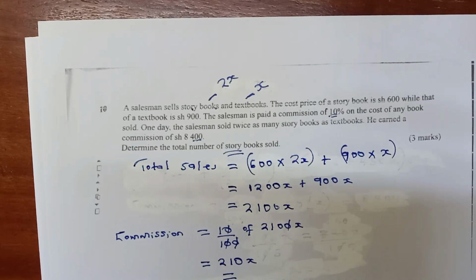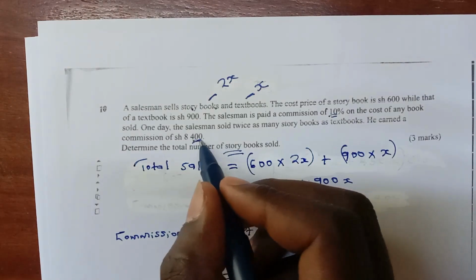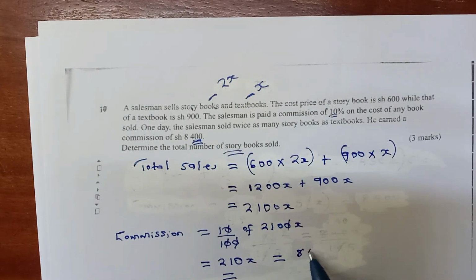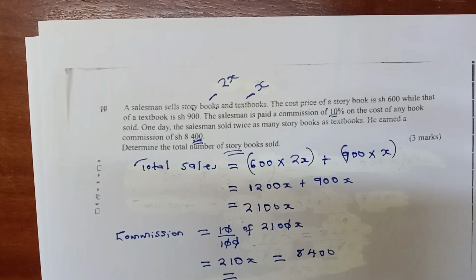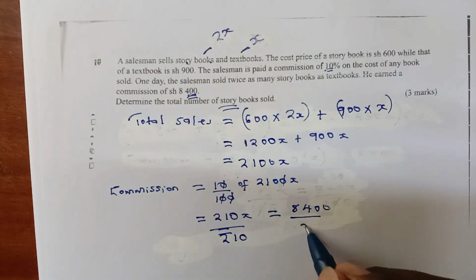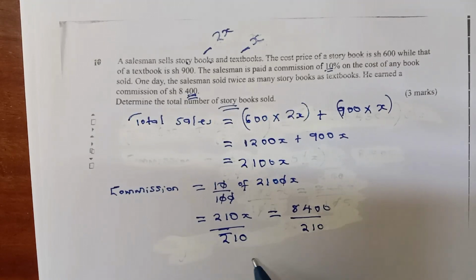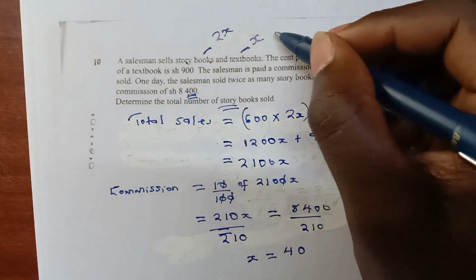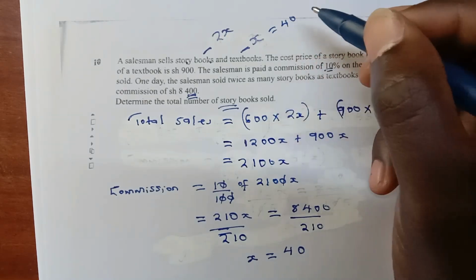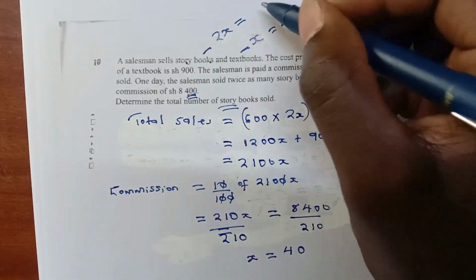But now this commission is equivalent to 8,400. So divide both sides by 210, and you find that the value of X, if you insert it into your calculator, is going to be 40.